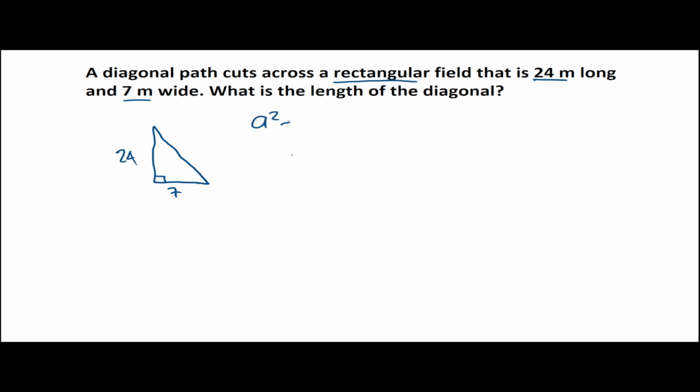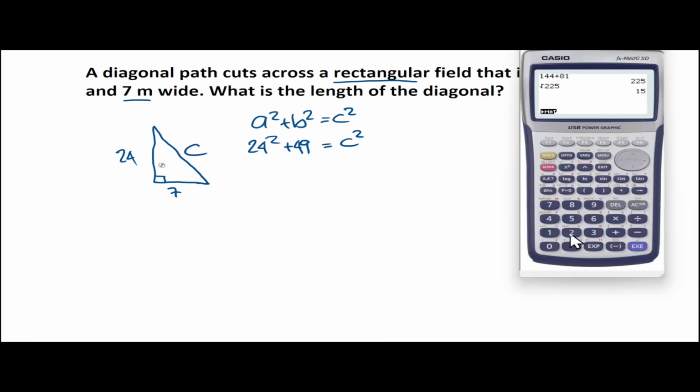So Pythagoras theorem says a squared plus b squared equals c squared. A is 24, plus, I've gotten ahead of myself, 7 squared is 49, equals c squared. I'm going to just label that as c. 24 squared is 576.